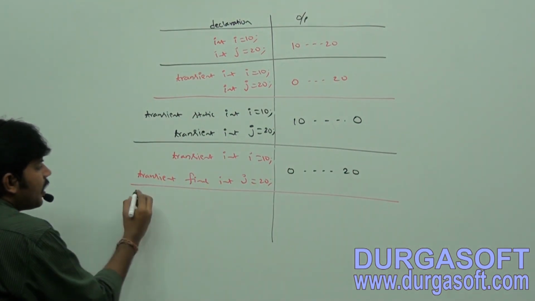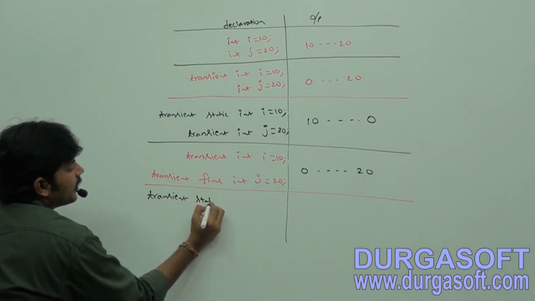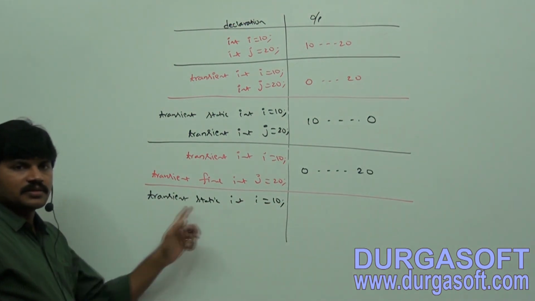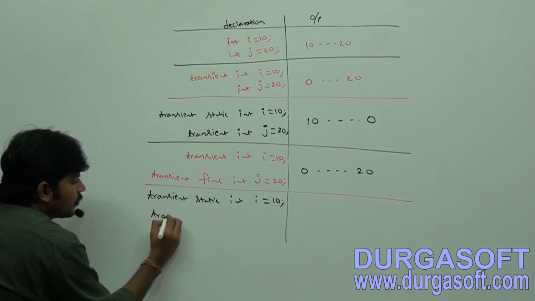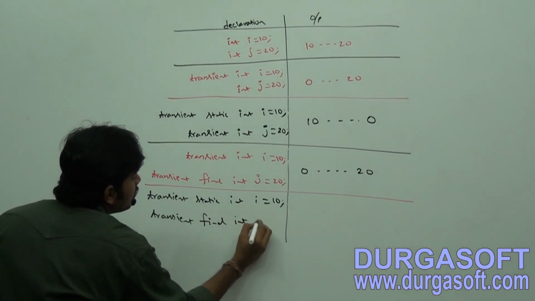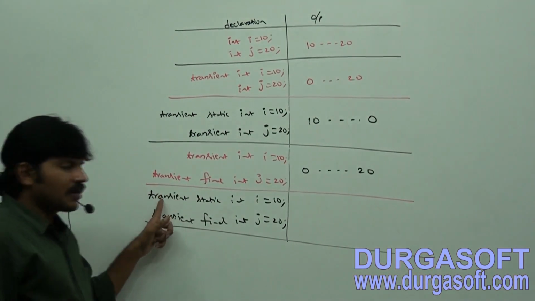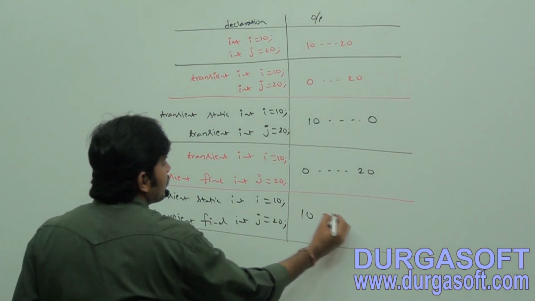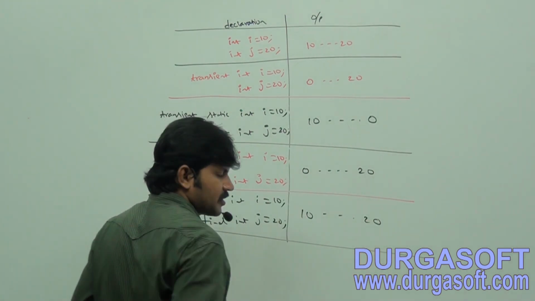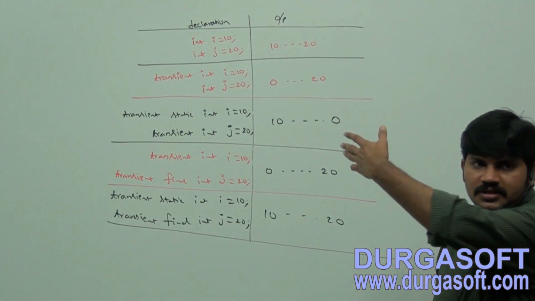Last one, transient static int i is equal to 10, and transient final int j is equal to 20. What is the answer? Transient static gives 10, and transient final is nothing but 20, right? That's all.